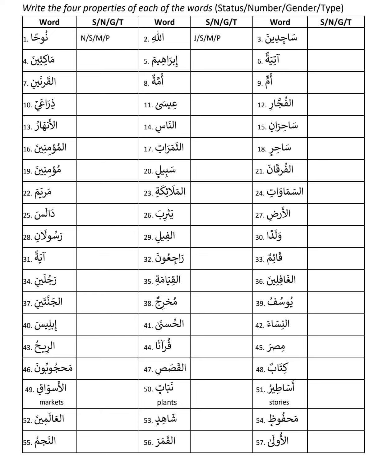Since it is Anharu with the O sound, its status is Rafa, and grammatically it has to be considered singular feminine. So the number is singular, the gender is feminine, and since al is there, it is proper ism.